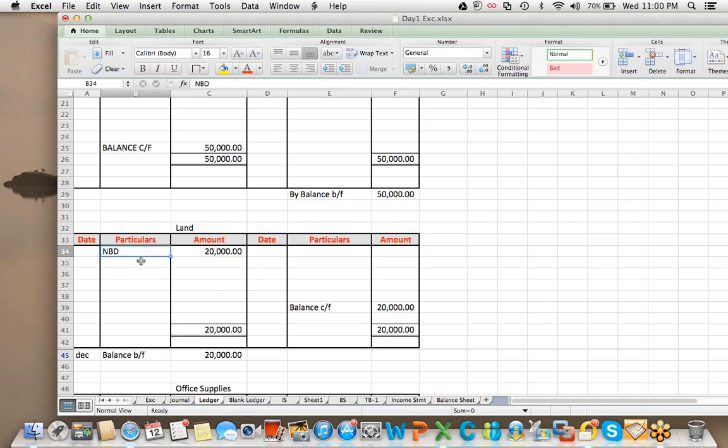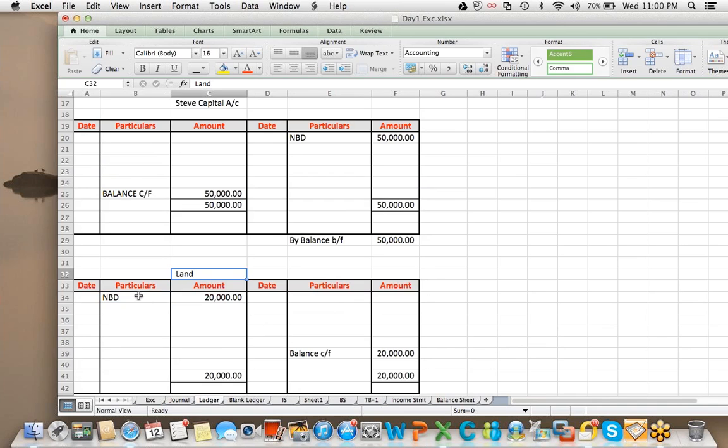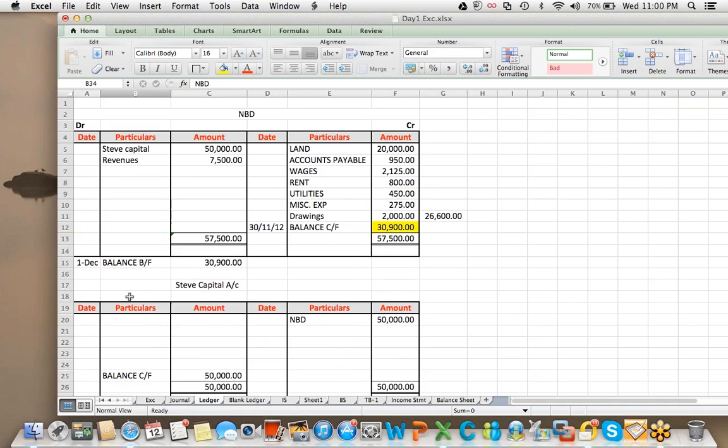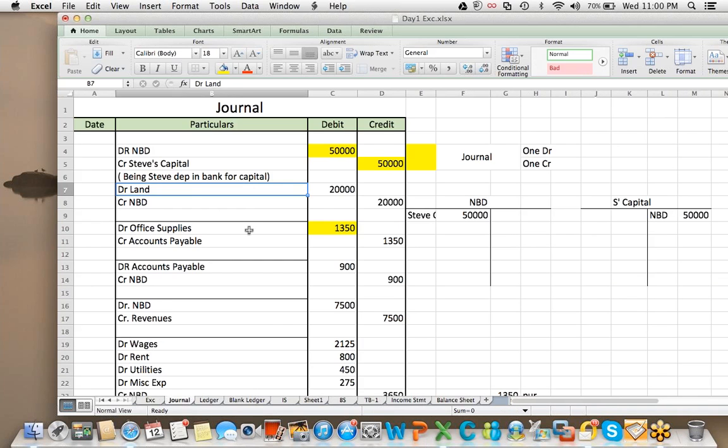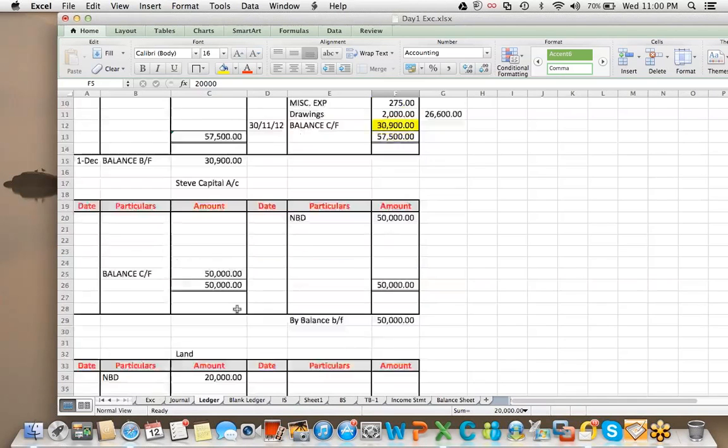So land account, NBD. Land account is debited with NBD, right? Therefore, the NBD account should be credited with land. There should be a double impact. Correct. Sorry to interrupt you.